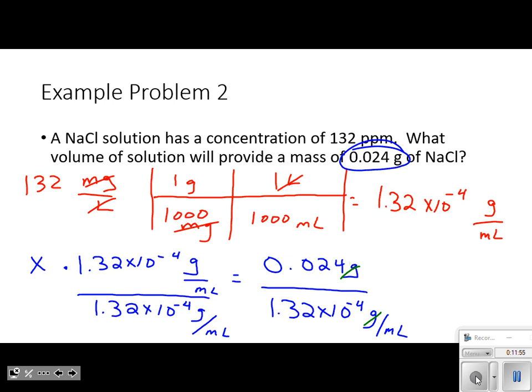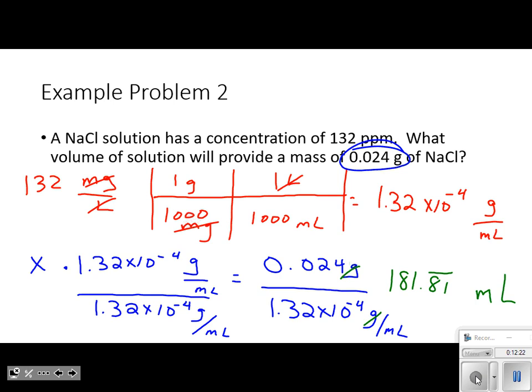Being on the bottom of the denominator is going to give me my label in milliliters. So I'm going to take 0.024, and I'm dividing that by 1.32 times 10 to the negative fourth, and I come up with a value of 181.81 repeating.